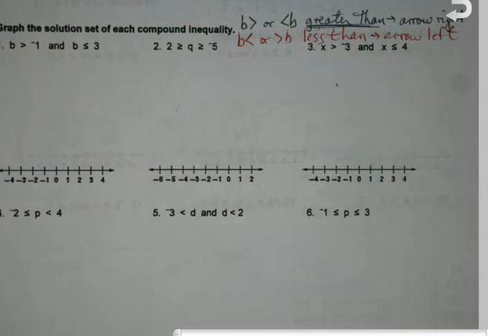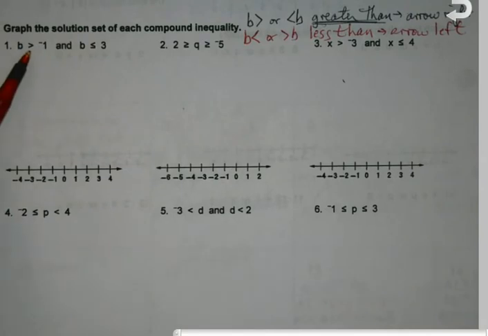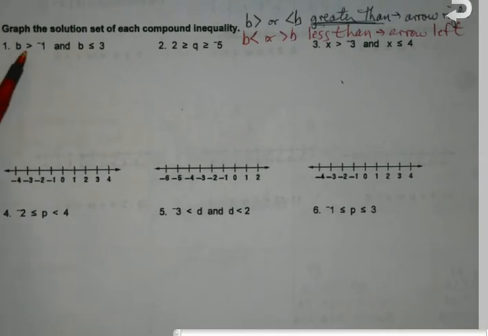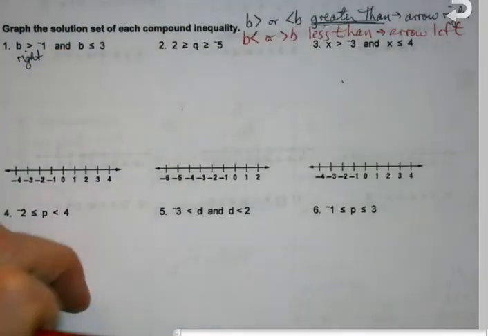So when I'm doing these, we'll start to learn a bit of a pattern. As I look, b is greater than -1. Am I going to be going to the left or to the right? B is greater than, if it's eating the b, which way is my arrow going? To the right.